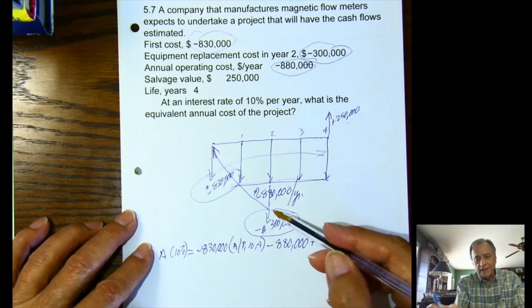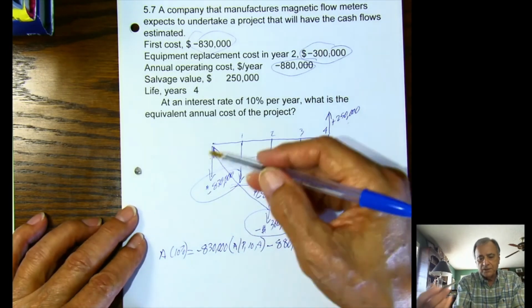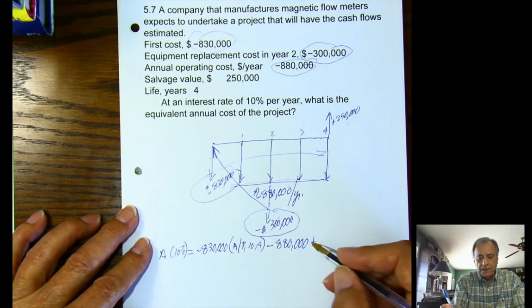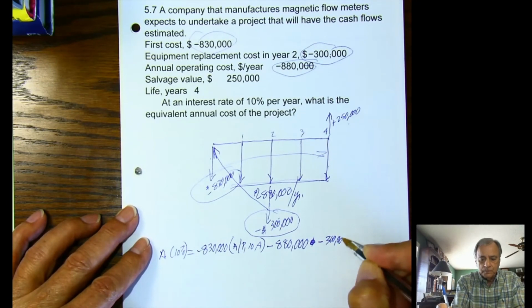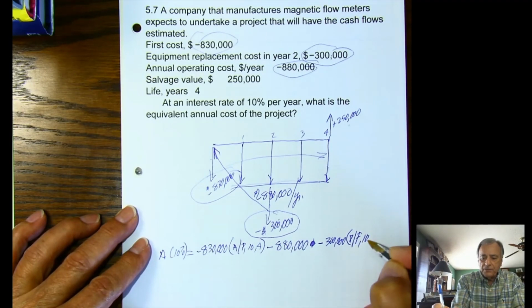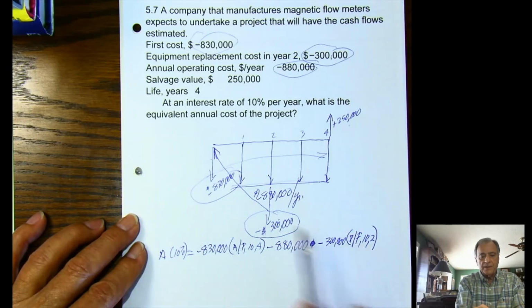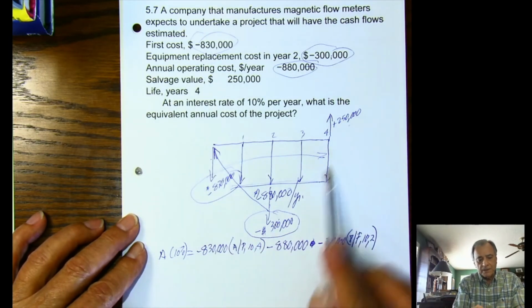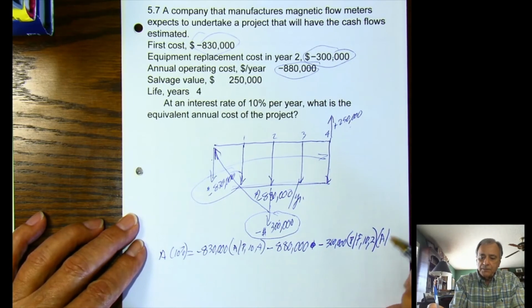Or I could take it out to the future and spread it back, but I'm going to take it to the present. So this will be minus 300,000 P given F, 10% for 2 years. That gives me a present sum here. Then I want to spread it just like I did this present sum. That will be A given P, 10% for 4 years.